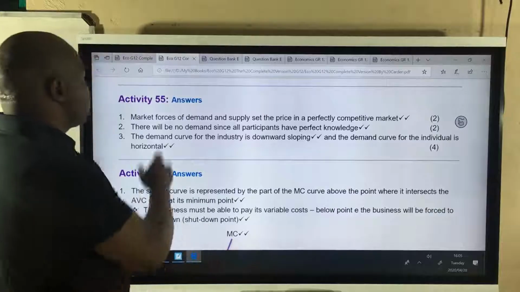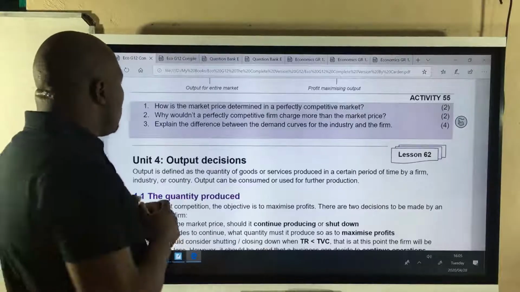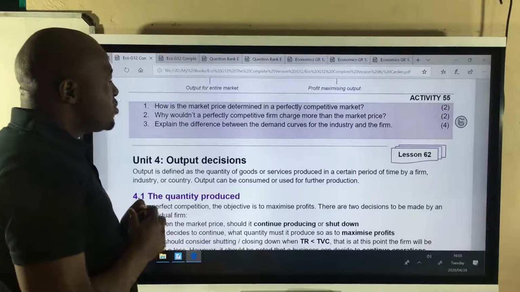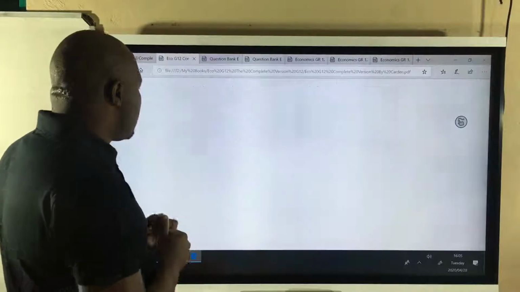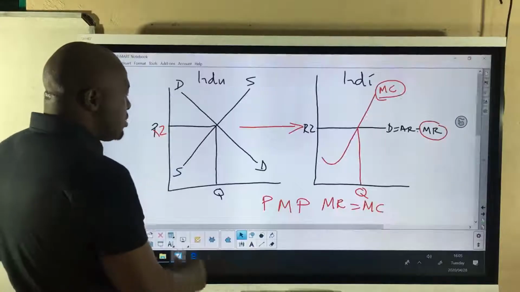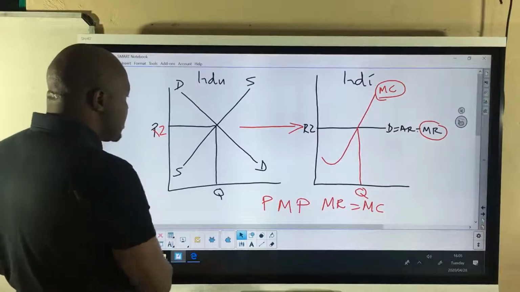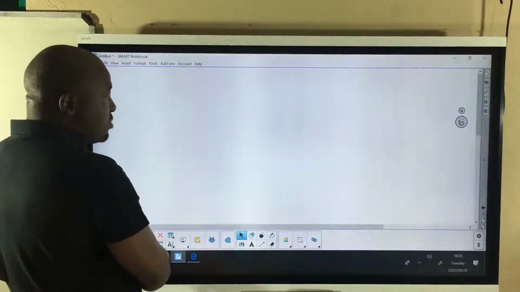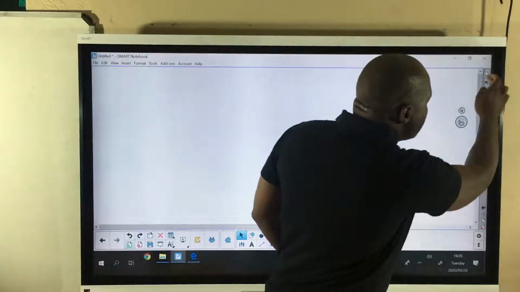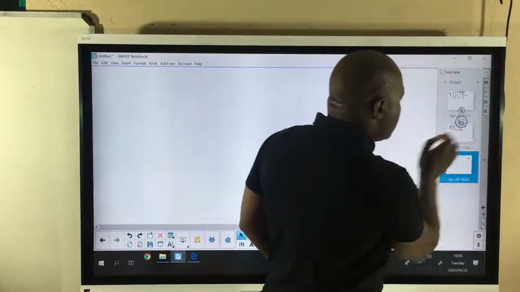The next one is, explain the difference between the demand curve for the industry and the demand curve for the individual firm. Now, the question says explain, it doesn't mean prove. Let me come to the previous page because the answer is right there.